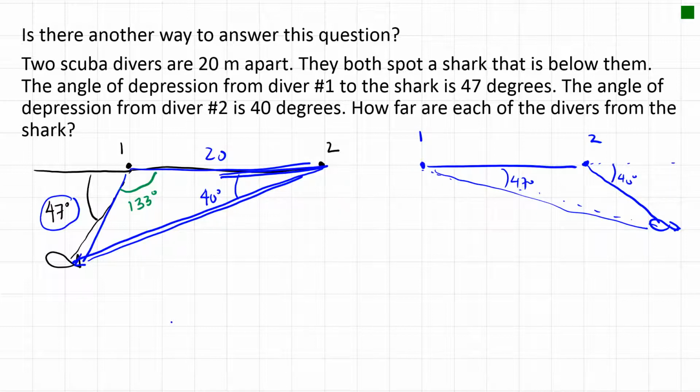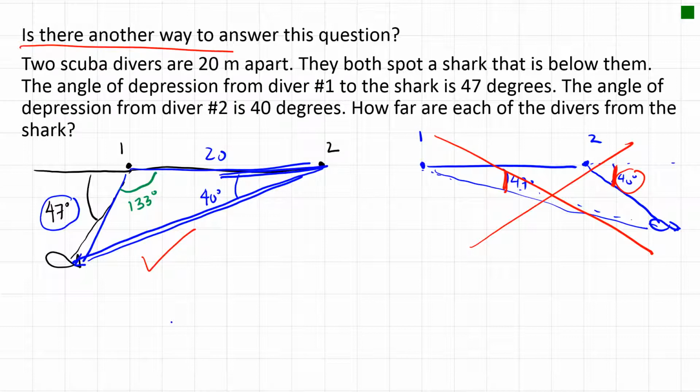Now I think it's easy to see that this angle has to be larger than this one, which makes no sense for this diagram because 40 degrees is less than 47. This isn't a possibility, but this definitely is, and you could solve this triangle completely separately. So the answer is yes, there is another way of answering this question.